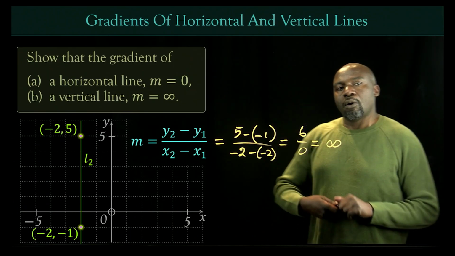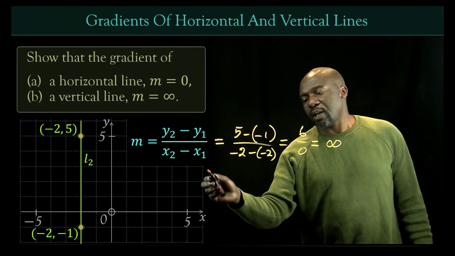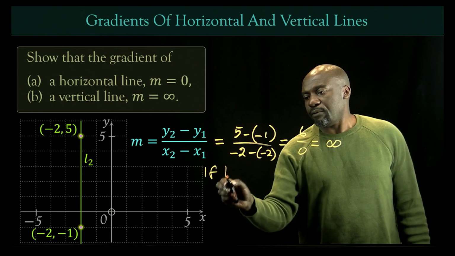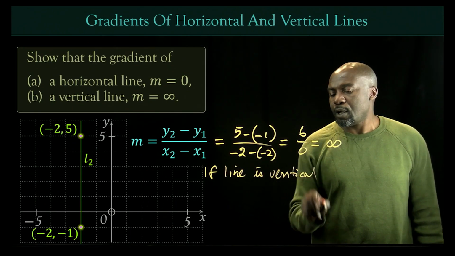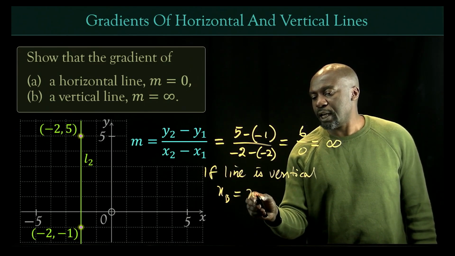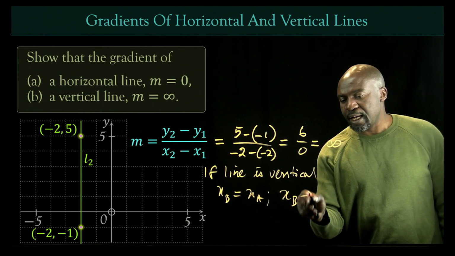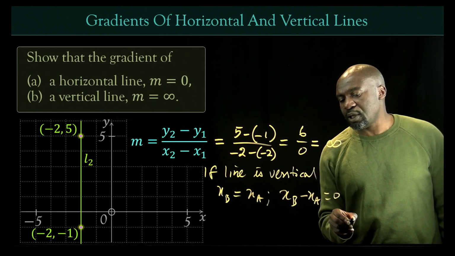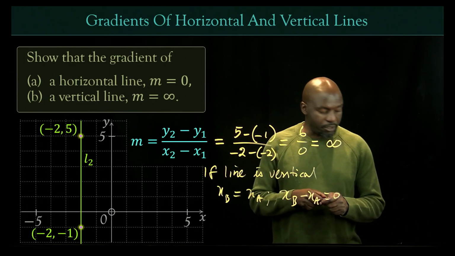So if a line is vertical, then we know xb will always be equal to xa, and therefore xb minus xa is always going to be 0 in the denominator, and so we will always have an infinite result.